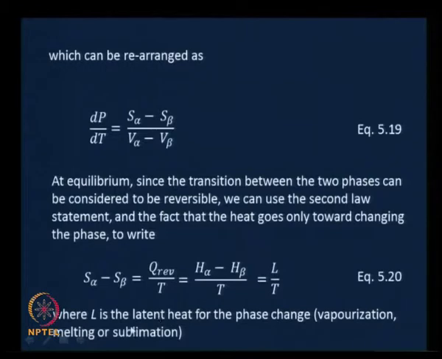Note that this is latent heat for the phase change, and it is not limited only to the liquid to vapor change, which is typically given in textbooks to begin with. This is applicable for the latent heat of vaporization, latent heat of melting or sublimation.